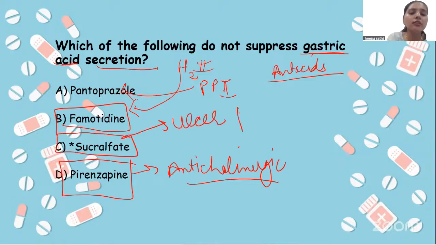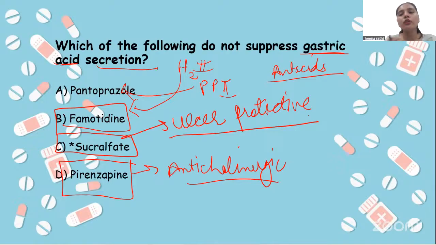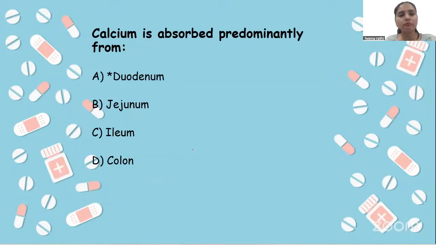Sucralfate is the ulcer protective drug which is given to ulcer patients to protect the ulcer so that there is no burning sensation or leaching of the ulcer content into the area. So an ulcer protective drug, sucralfate or colloidal bismuth subcitrate, is given.